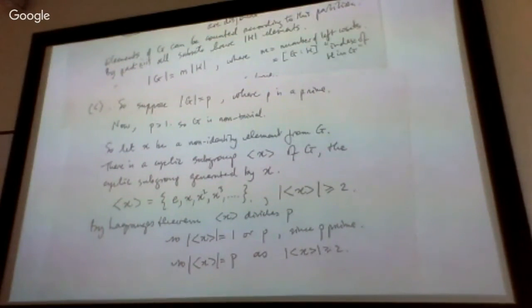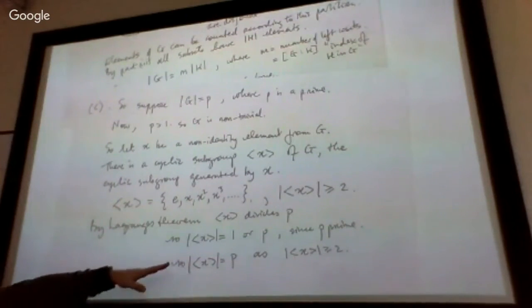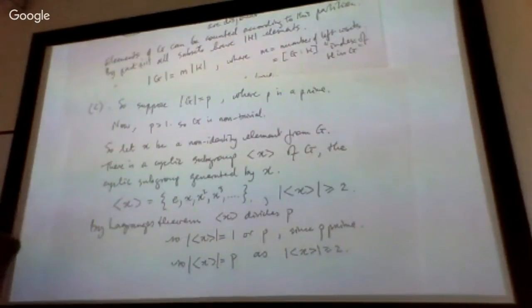So this subgroup of G has P elements in it, but G only has P elements in it.